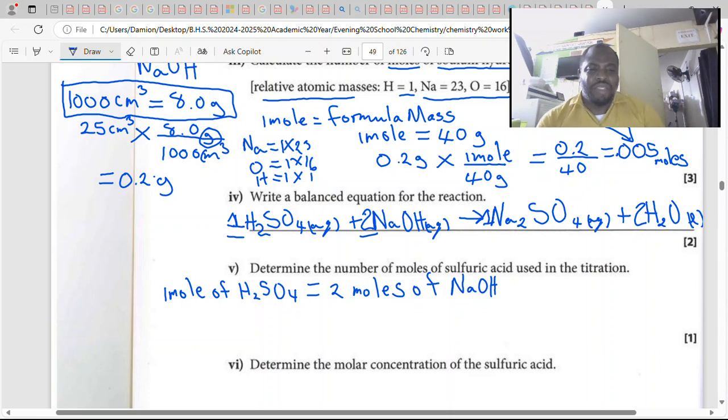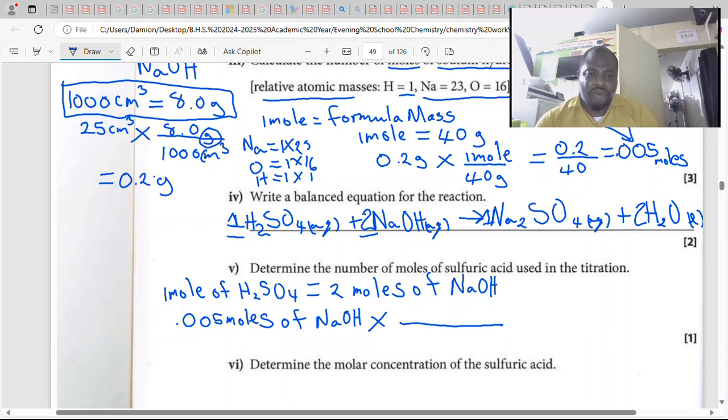Students sometimes complain about the length of what I do, but it eliminates errors. So again, I get my conversion. Once I get my conversion, I know how to work it, because I know that I'm starting with 0.005 moles of sodium hydroxide. So in essence, I'm going to be multiplying that.